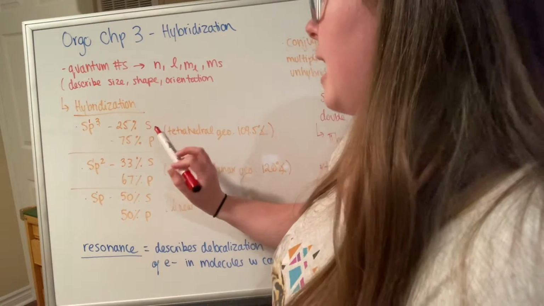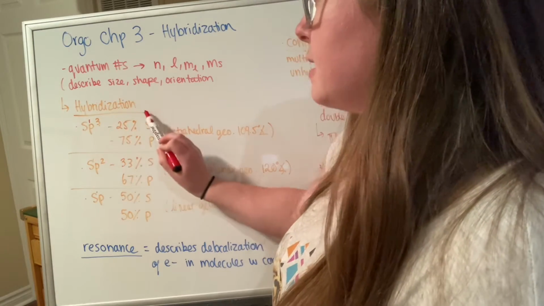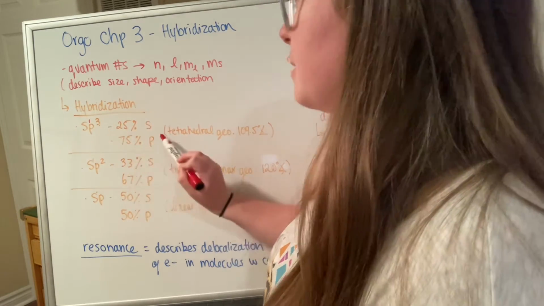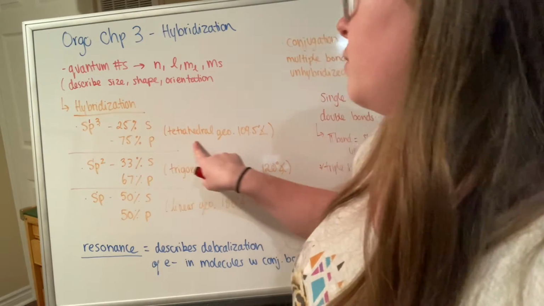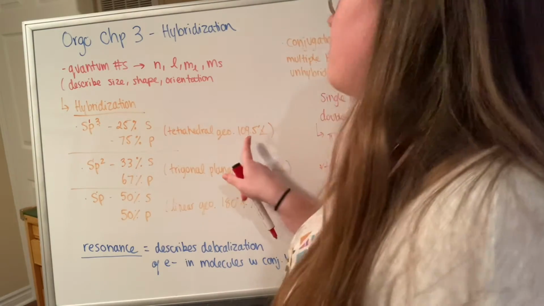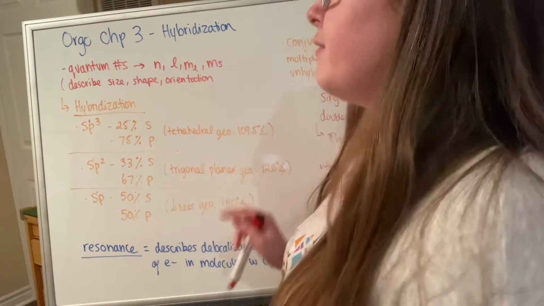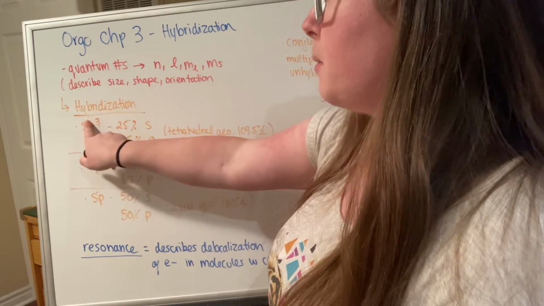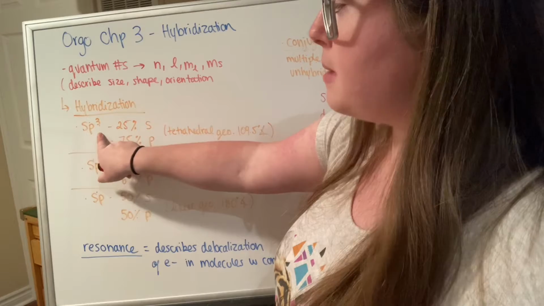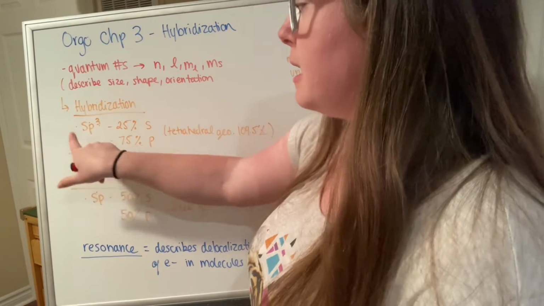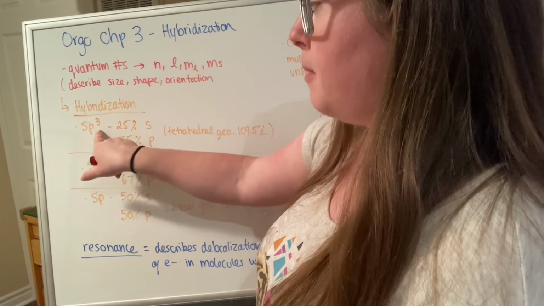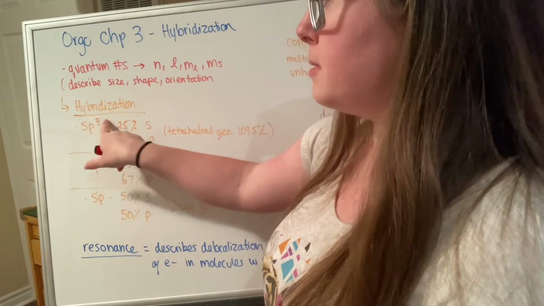And this means that it's 25% s character, 75% p character. That would give you tetrahedral geometry with a bond angle of 109.5. So again, sp3 hybridization means the carbon has 4 bonds. You just count these superscripts up here.